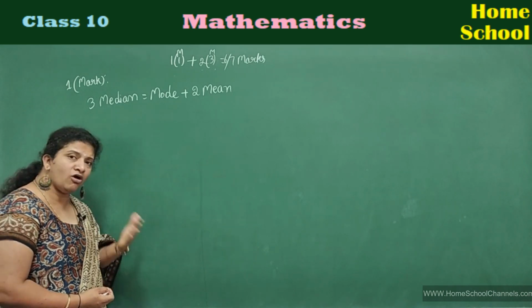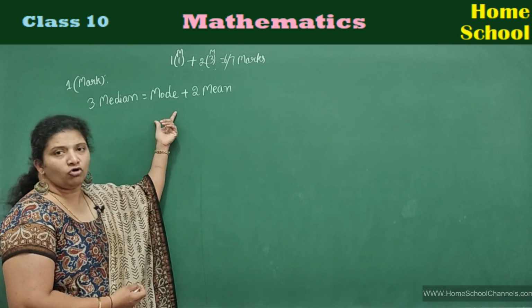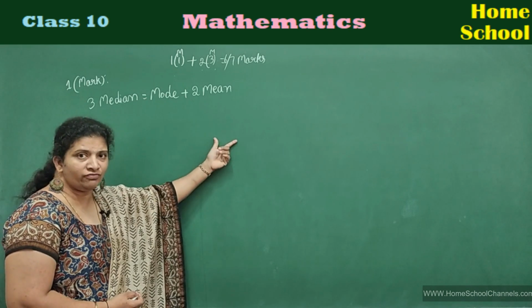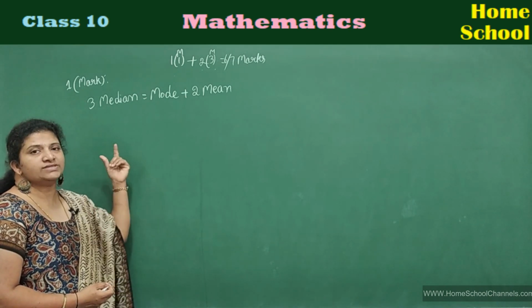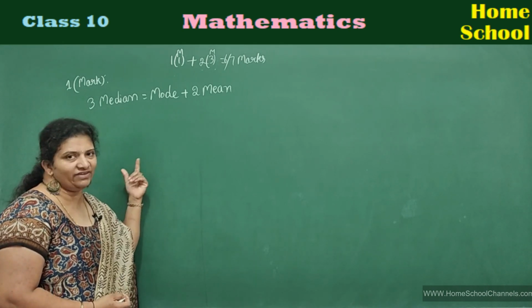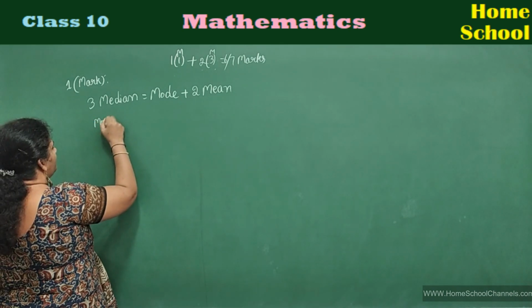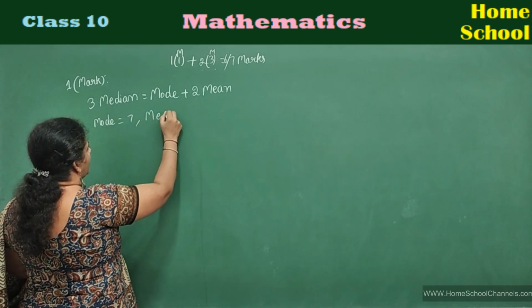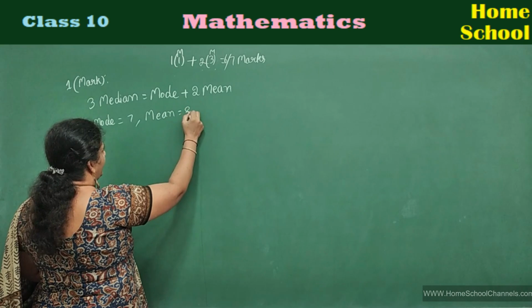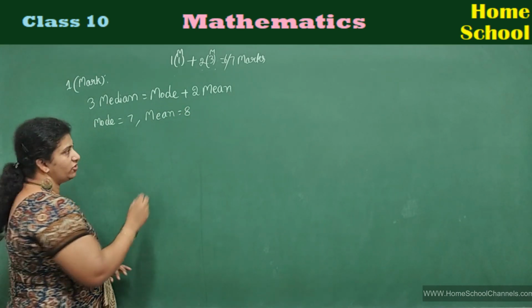Another way of asking, they will be giving mode value and mean value of a particular data, and they will be asking you median. So using this relation, you can find very easily. In one paper, you have mode is equal to 7 and mean is equal to 8. Calculate median is your question.